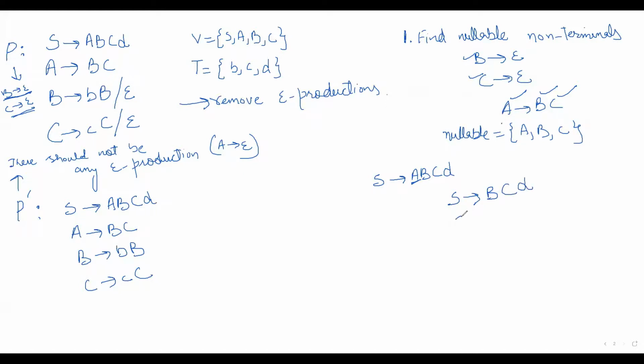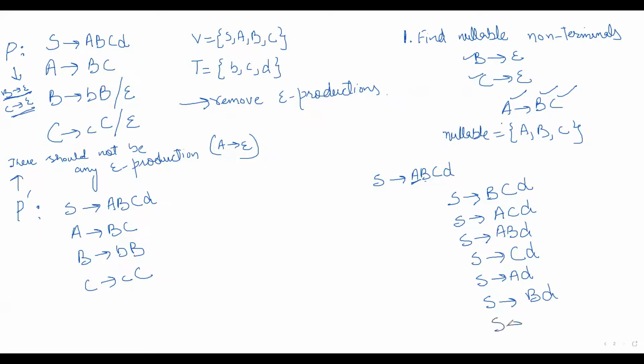Now let us replace B instead of A. So it will be ACD. Let's replace C. It will be ABD. Let's replace A and B by epsilon. It will be CD. Let's replace B and C. So it will be AD. Let's replace A and C by epsilon. It will be BD. Let's replace all three, A, B, and C, by epsilon.